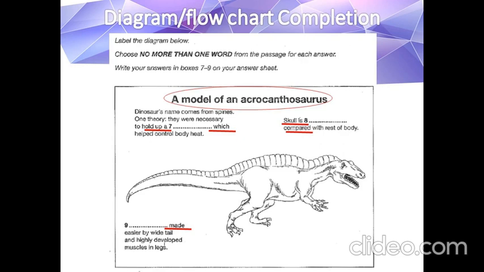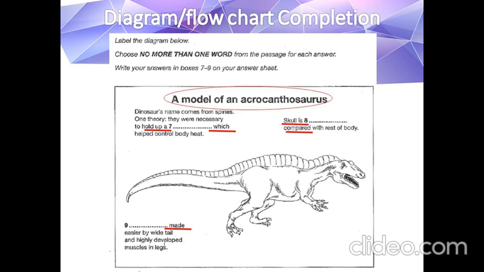For example, in this case, this is the model of a dinosaur. And as you see, I circled the title first. Of course, you need to read the title. And then usually people say that you need to focus on the words before the gap and after the gap. But in this case, you need to understand the whole structure of this diagram.